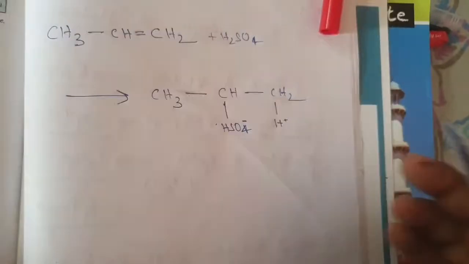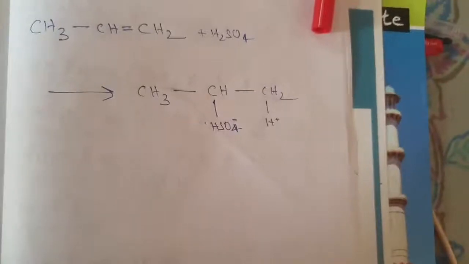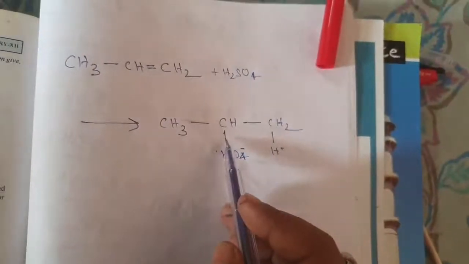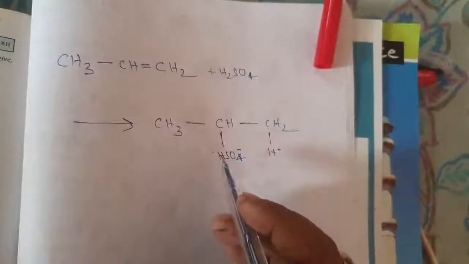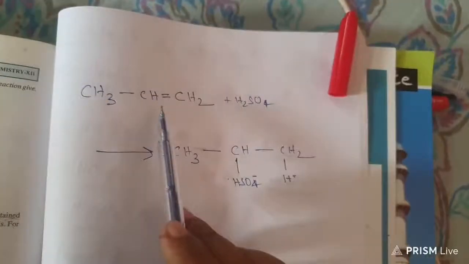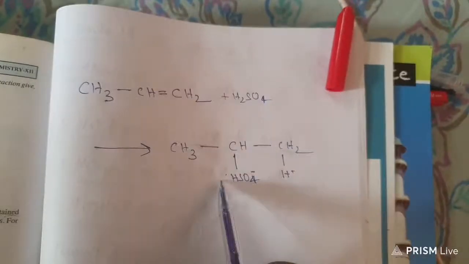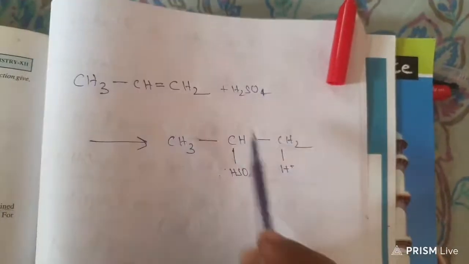So here you have to recall Markovnikov and anti-Markovnikov addition. In Markovnikov addition, the hydrogen adds to the carbon that carries the greater number of hydrogens.